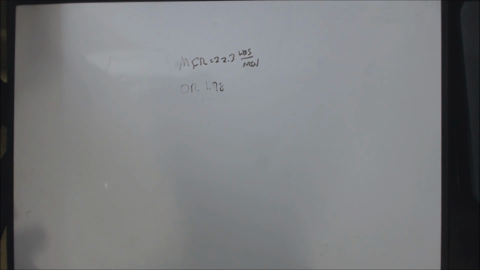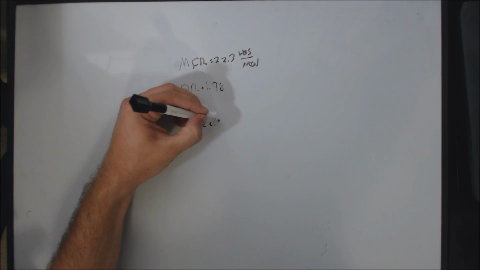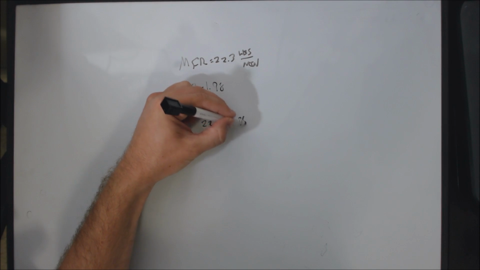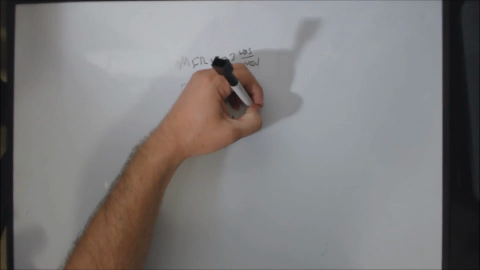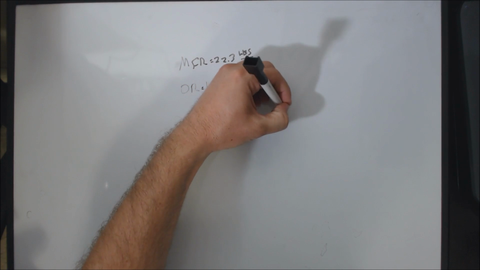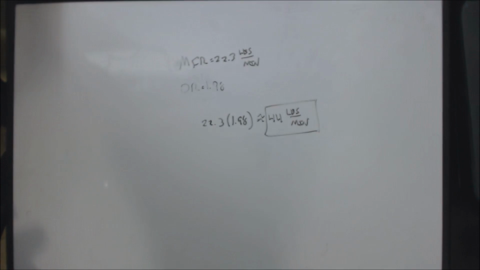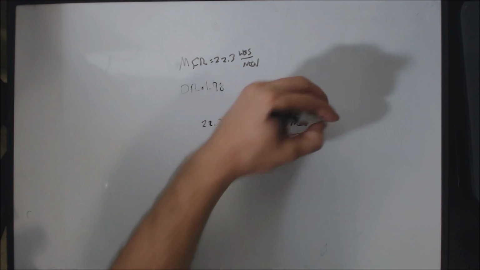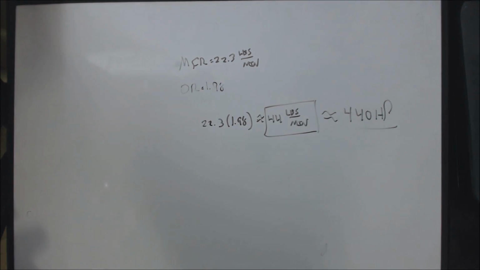And yep, you guessed it, I simply multiply them together to get 22.3 times 1.98, which will equal about 44 pounds per minute. Horsepower is extremely easy. I simply multiply my mass flow rate by 10, and that is roughly the horsepower that I get, which will be roughly 440 horsepower. And that's how you can calculate mass flow rate and horsepower.